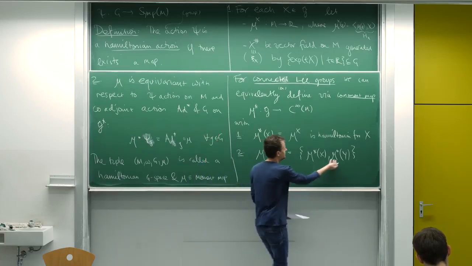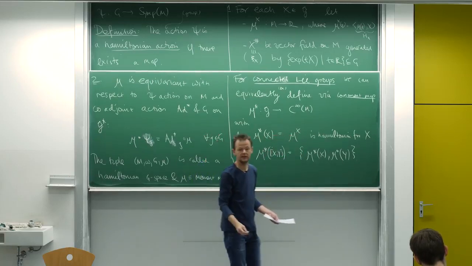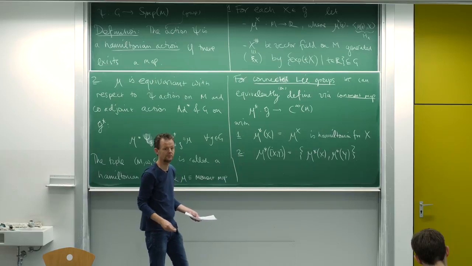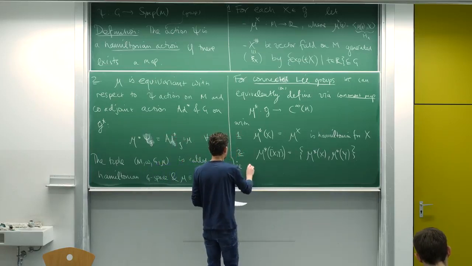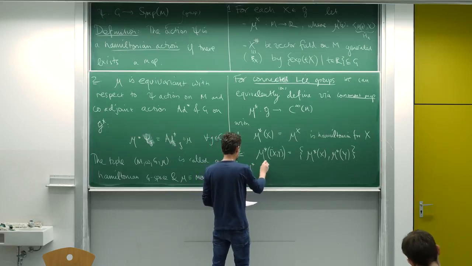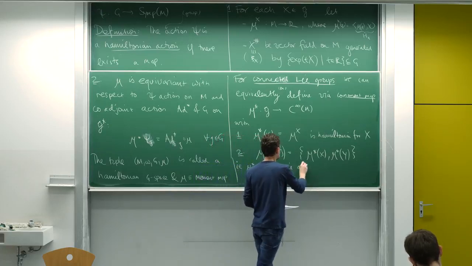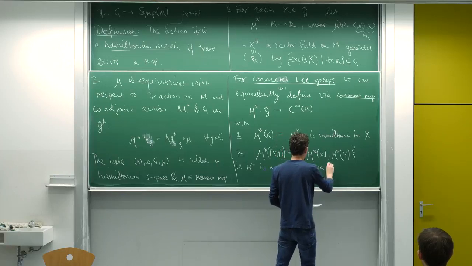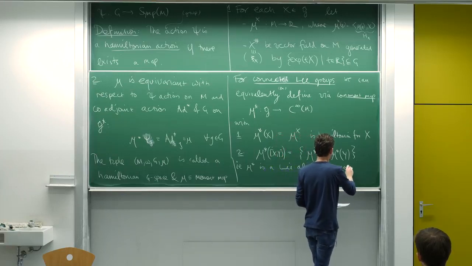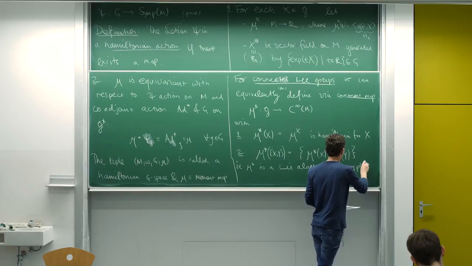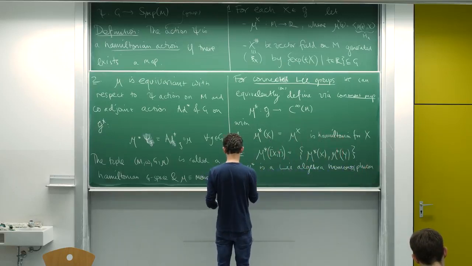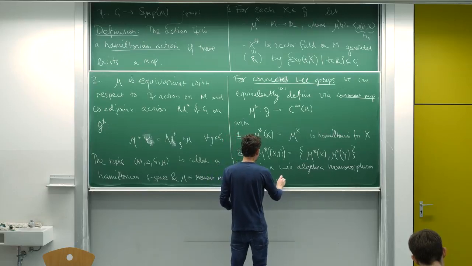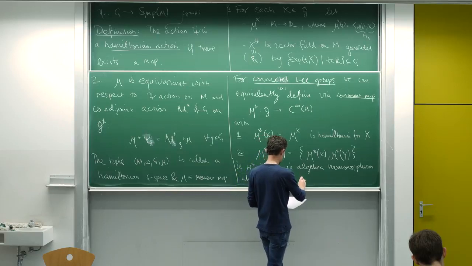So you can really think about these as generators of the symmetries on the observables of the system. And in fancy words, that turns phi star into a Lie algebra homomorphism where the Poisson bracket is the Lie bracket.